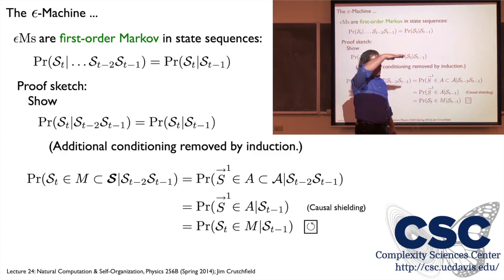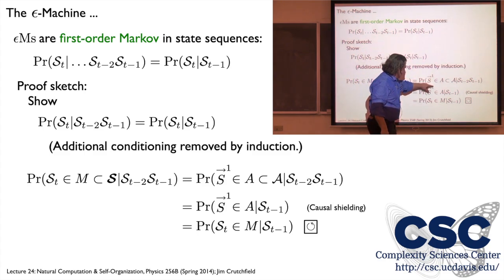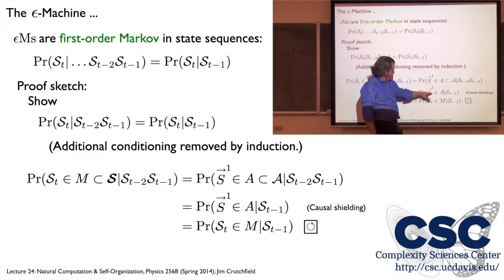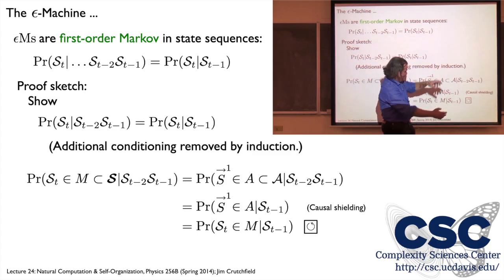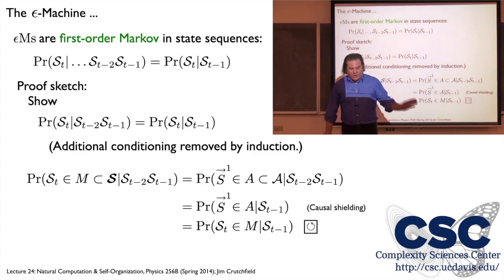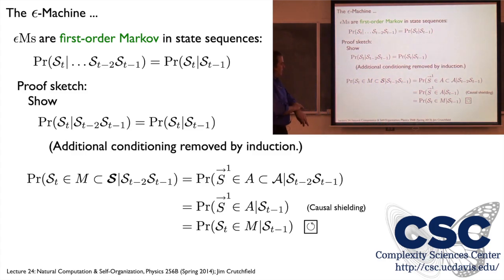So we're borrowing shielding, which we proved at the observed sequence level, to show that we can get rid of the state 2 steps before, and then we pop back down and change what we're concentrating on, from the transitions and the symbols that label them, to the states. So causal shielding at the observed level leads to this order 1 Markov property over the causal states themselves. Okay, so things are simplifying here.